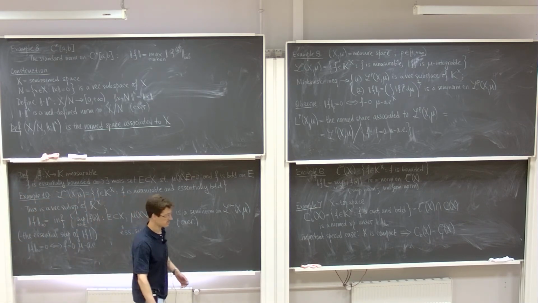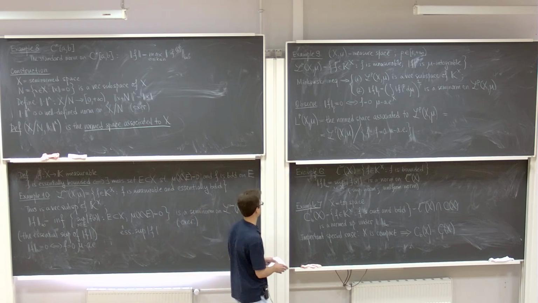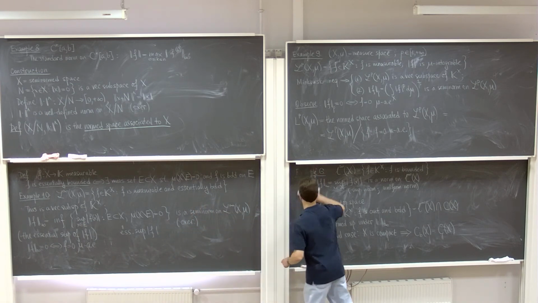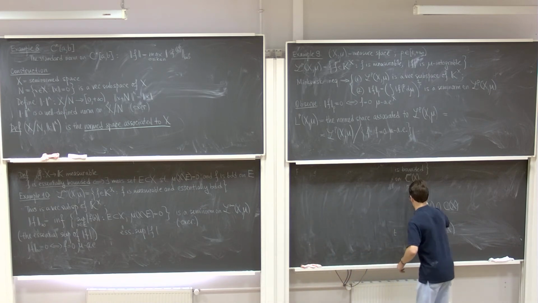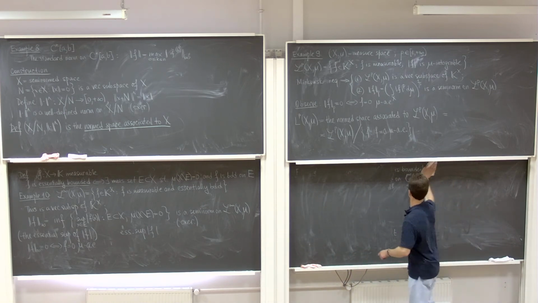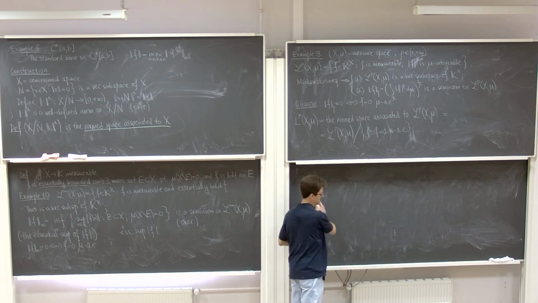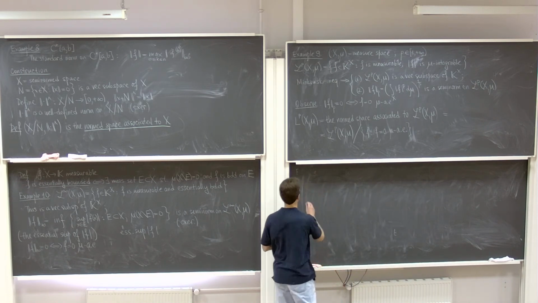And now we can construct the norm space associated to the script L infinity space. And this is the big L infinity space.